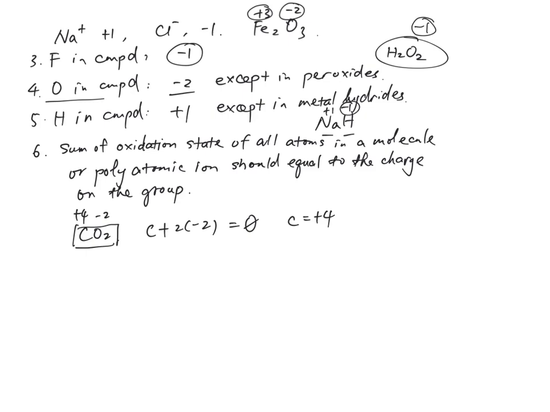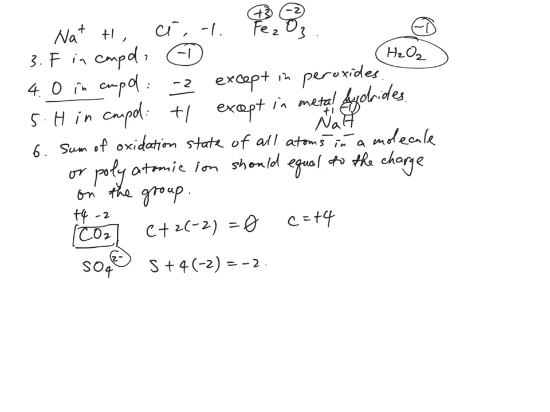And what if I have a polyatomic ion like sulfate ion? I don't know what sulfur is, but I know I have 4 oxygen, and each oxygen should carry a -2 oxidation state, and that total should equal the charge on the group. The charge on the group is the charge on the polyatomic ion, -2.